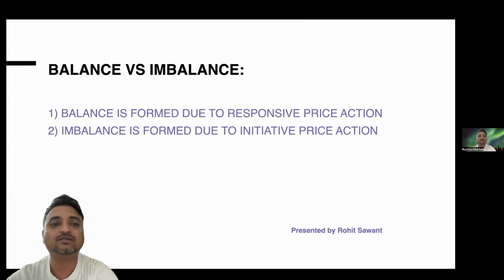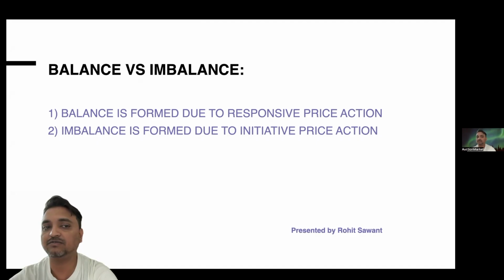What about balance versus imbalance? This is a very interesting concept, guys. Balancing in day-to-day activity, we have something called lifestyle. There we try to balance our work-life balance plus our personal life. Balancing is formed due to responsive action.